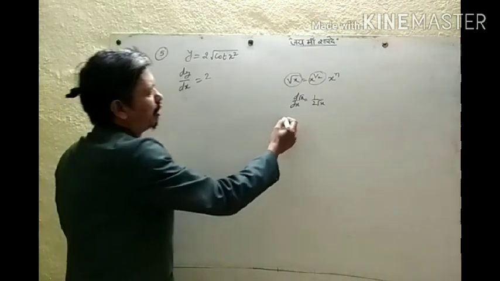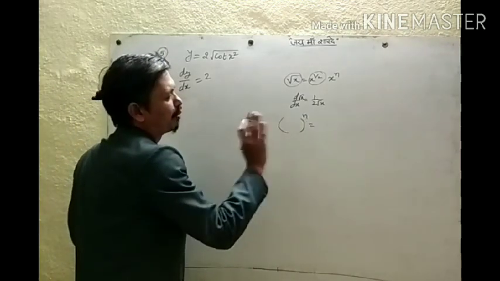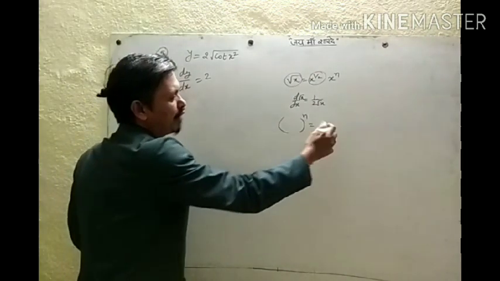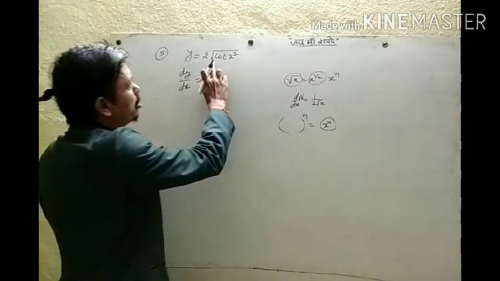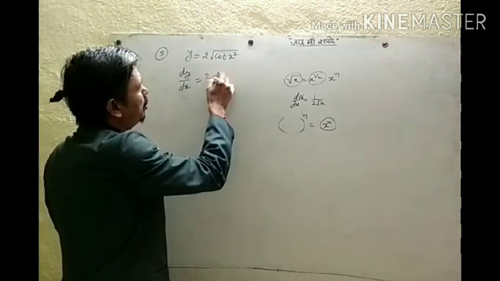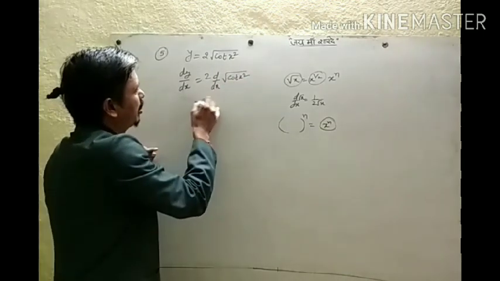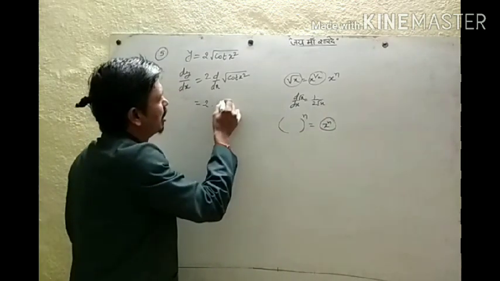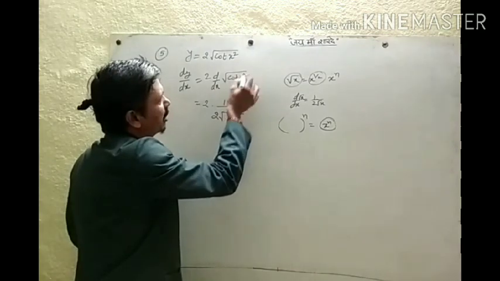So whenever we have a function in this form, with a whole power, always apply the formula of x to the power n. Whatever function is there, you have to apply the formula of x to the power n. Okay? So here, root x, its derivative: if we find the derivative of root of cot x square, we will have 1 upon 2 root x, and x is cot x square.